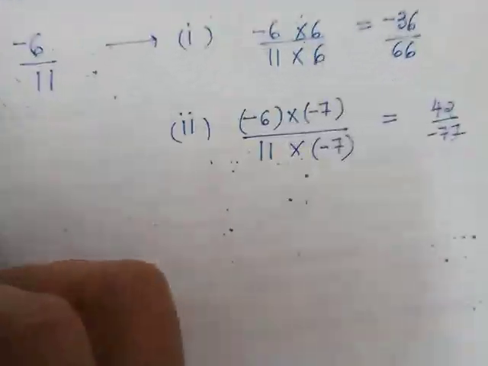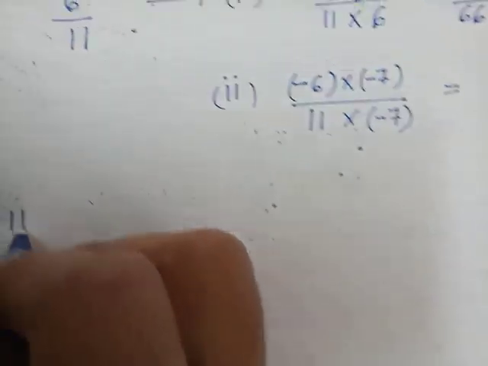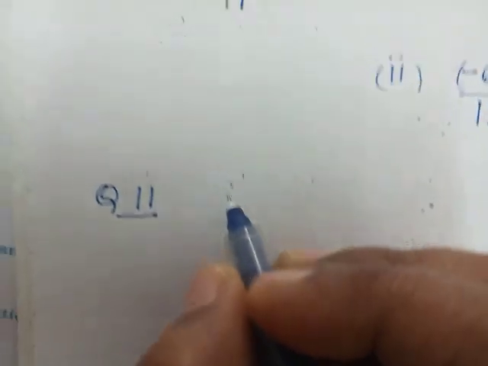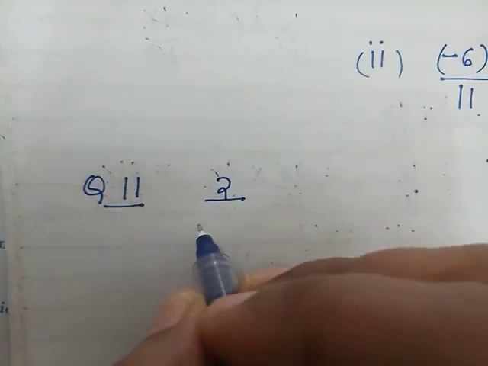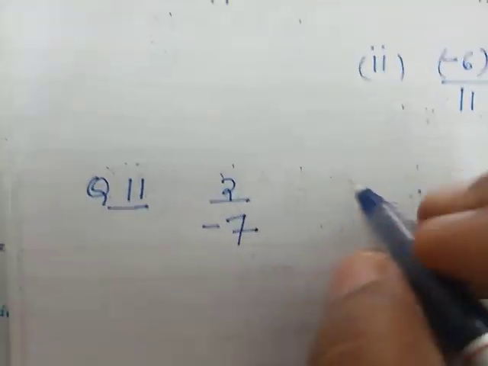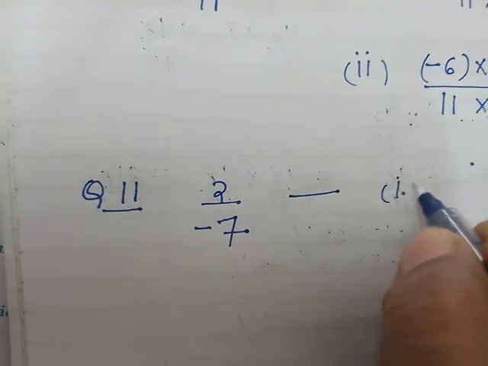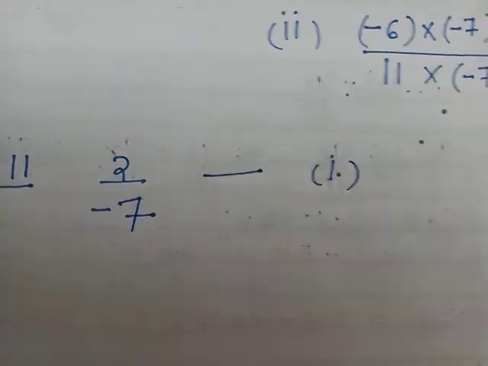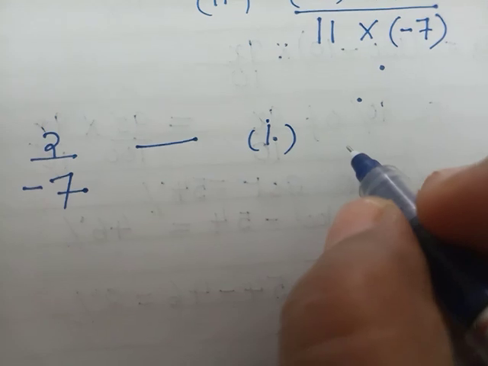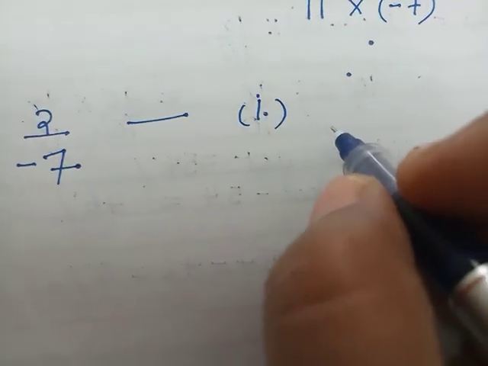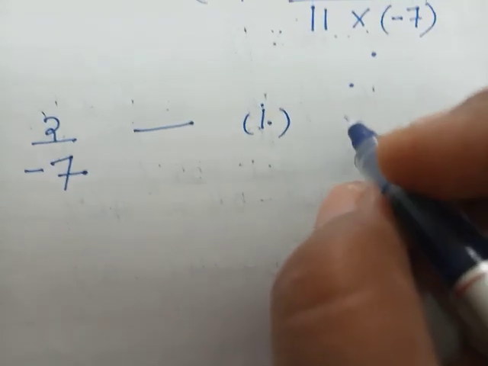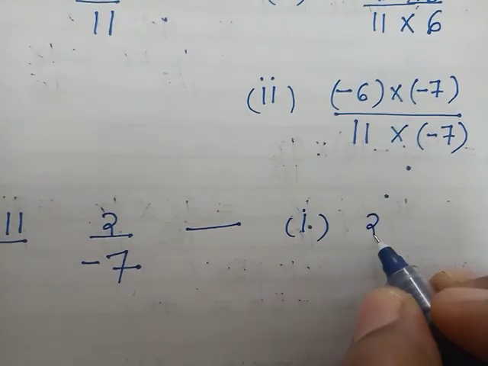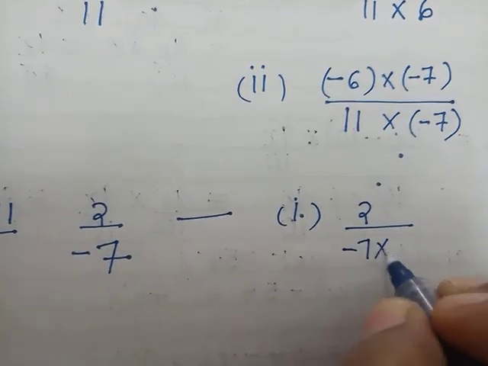The given rational number is 2 upon minus 7. In the first part, what are we looking for? The denominator. In this part, they ask you to convert the denominator into the required number. So we write 2 upon minus 7.